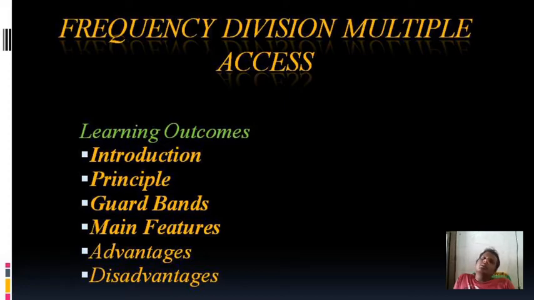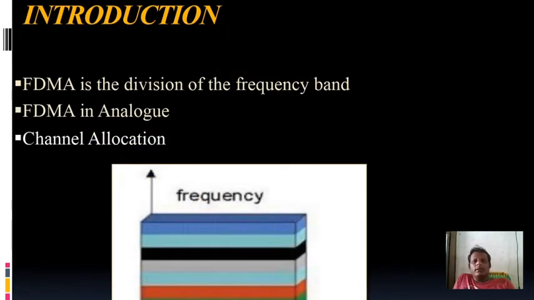So basically we know that in TDMA the given frame is divided into time slots and each slot is allotted to a user. But in FDMA the frequency band is divided, and each frequency band is allotted to one user.